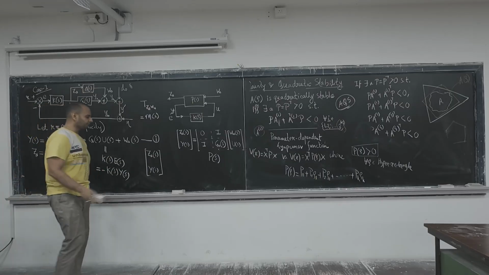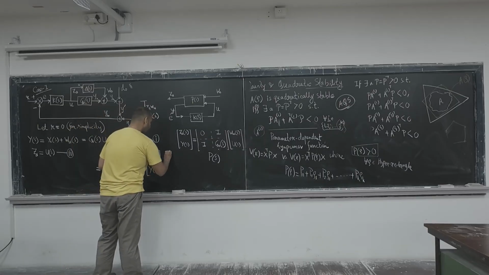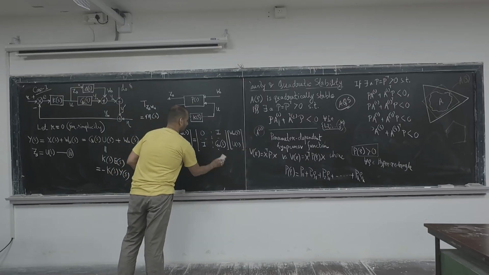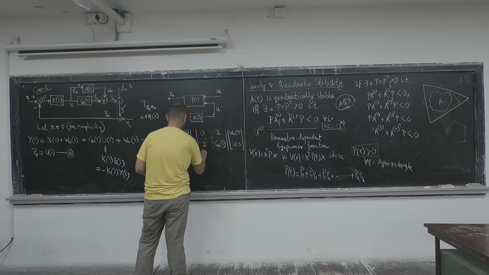Let's see, suppose as of now that I am keeping Y of S. And then how many entries would you require here? First of all, you have to write down the input matrix. How many exogenous signals?